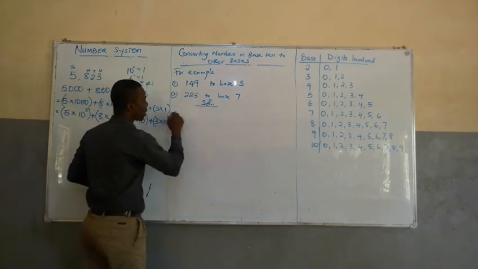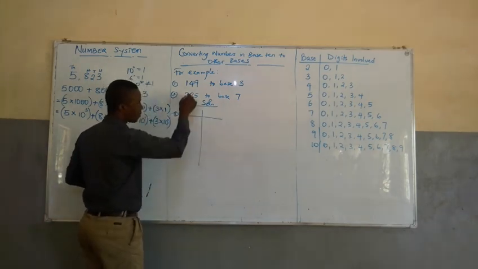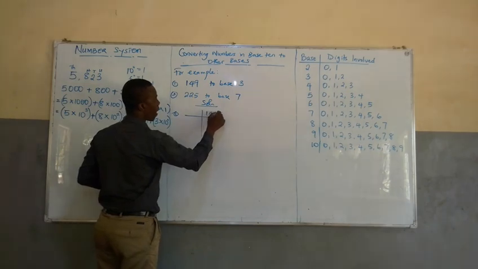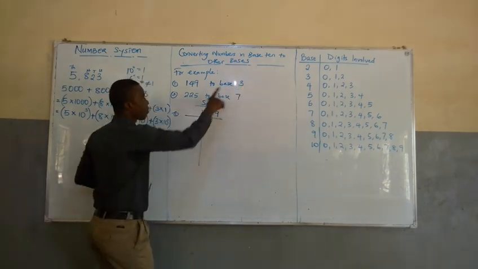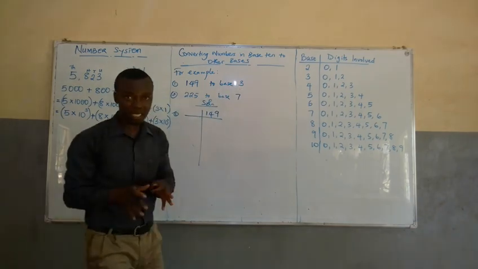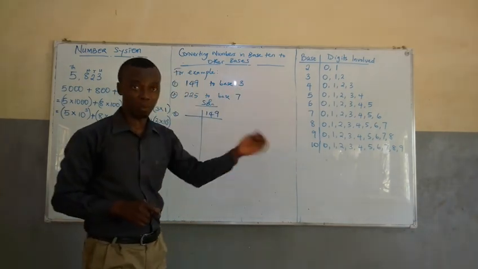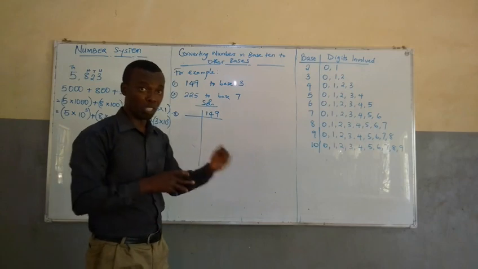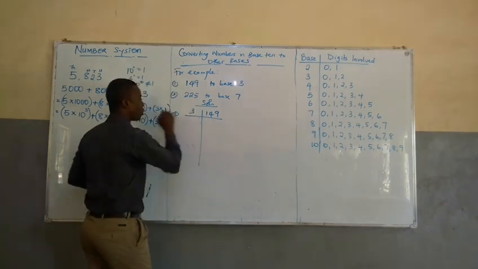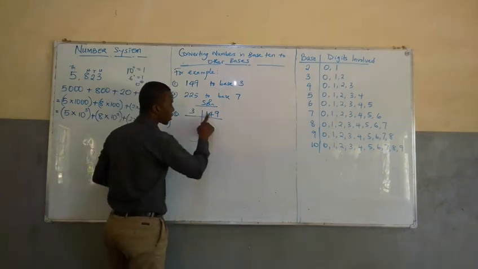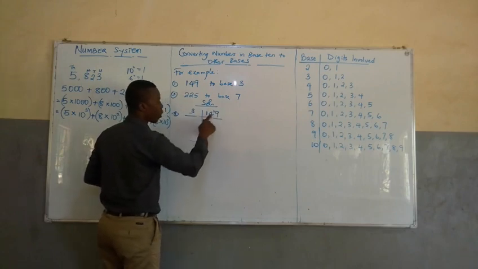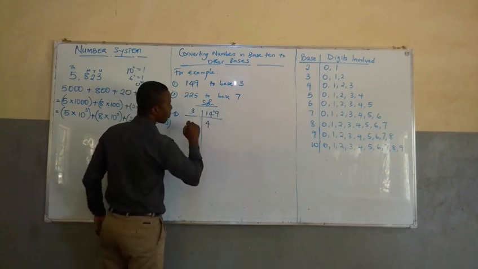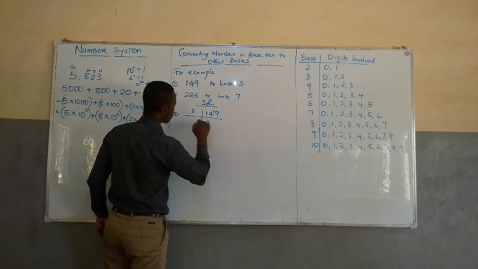To do that, we are going to divide. So, let's have 149, and we want to change it to base 3. That means we are going to divide by the base to which we are changing the base 10 number. So I'm going to divide by 3. Now 3 goes into 14, I'm going to have 4 remaining 2 here. 3 goes into 29, I'm going to have 9, remainder 2.